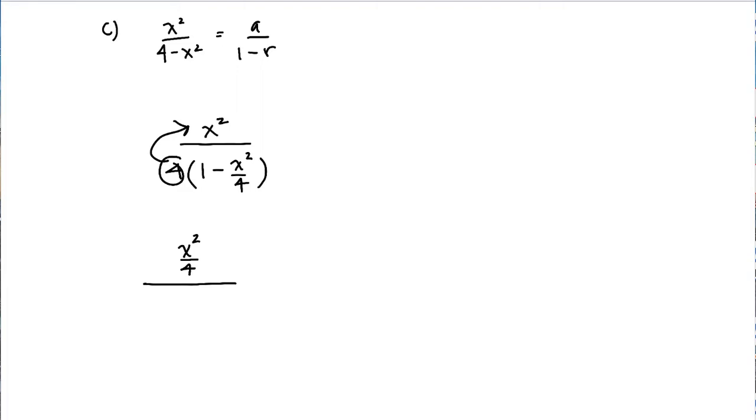And then this is 1 minus x squared over 4, so my r is x squared over 4.